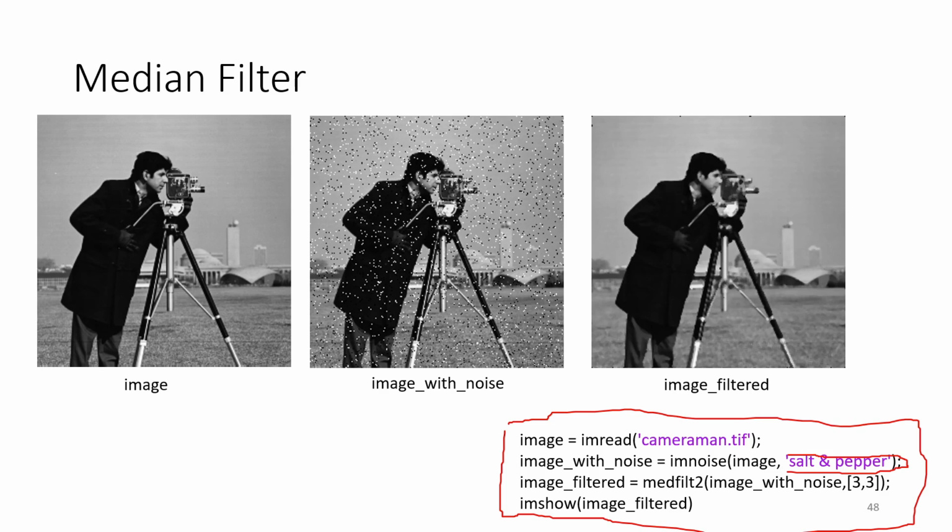Then I use the median filter, just using this function, and this generates the result, which I show. Of course, if you enlarge this image, you can still see some details disappear. For example, this is a camera, right? And in the filtered image, some details disappear.